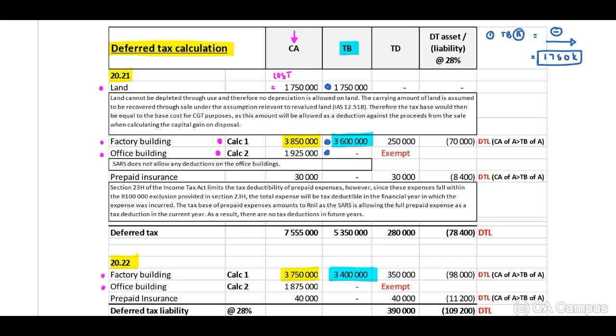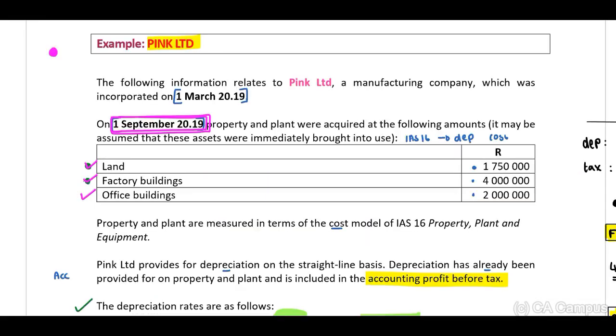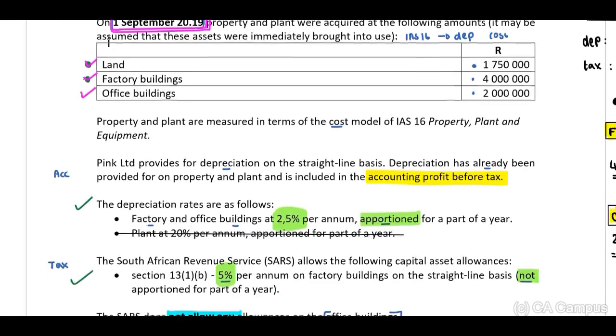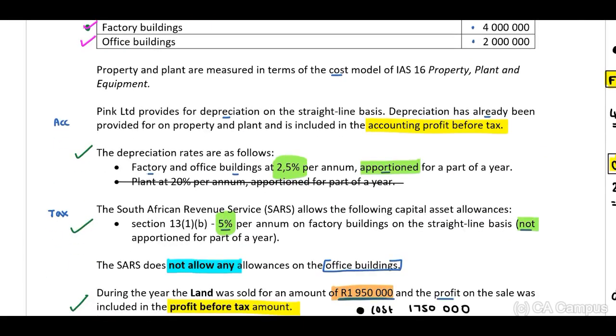Right. Your tax base of your asset will be the amount deductible in future, right? But if you refer to the scenario, they've indicated to us, such does not allow any allowances on our office building.